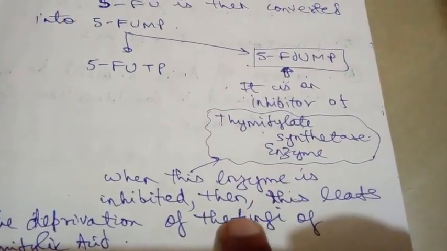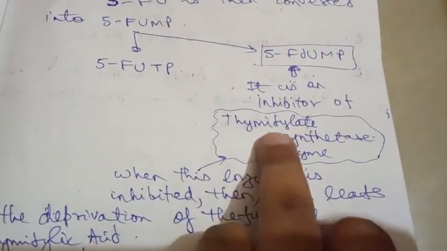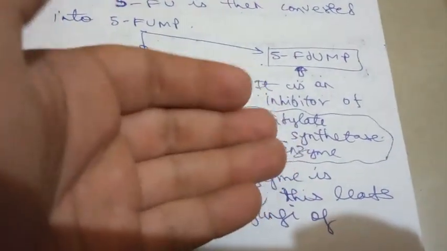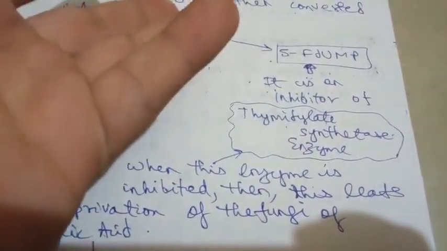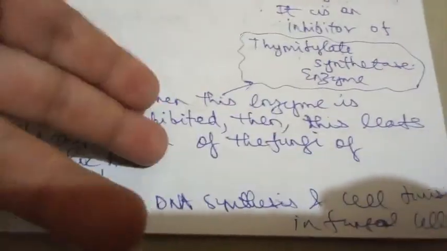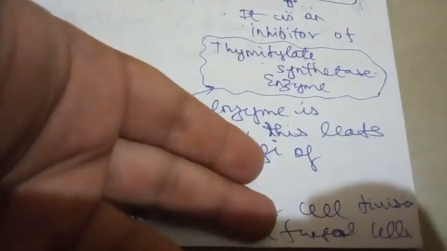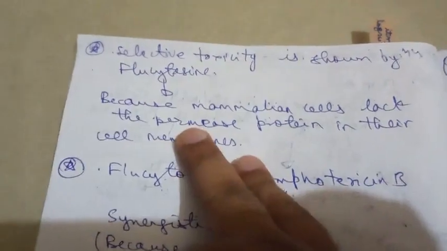This enzyme is important for the fungus because it is used for the synthesis of thymidylic acid, which is used for the synthesis of thymidine, which is a base of DNA. So if this enzyme is inhibited, there will be no synthesis of thymidylic acid, no synthesis of DNA, and the cell division of the fungal cell will stop. So this is fungistatic. This is the point of selective toxicity which we have discussed.